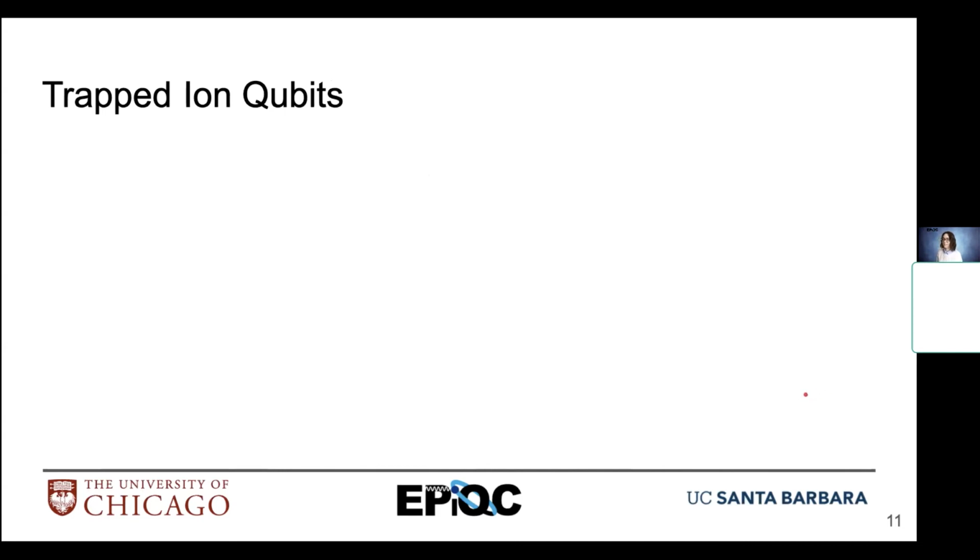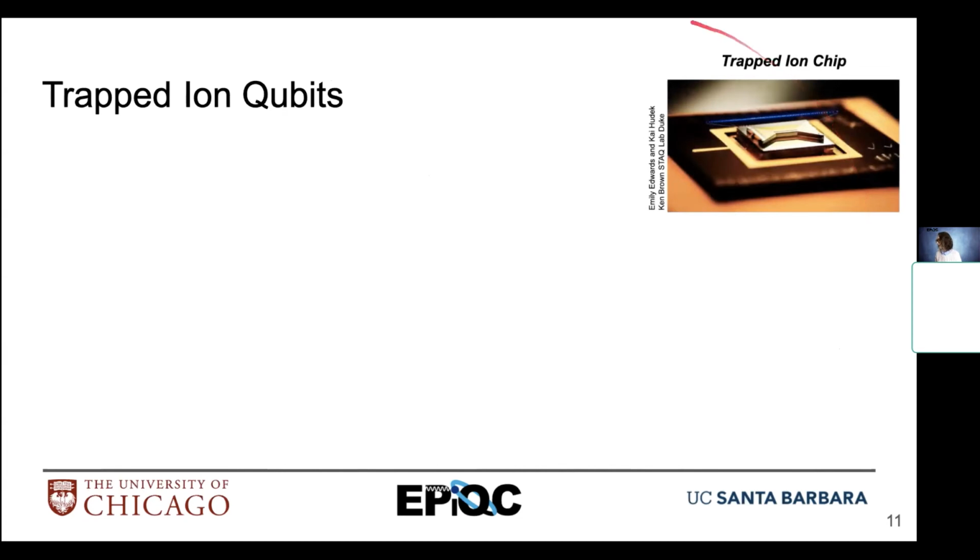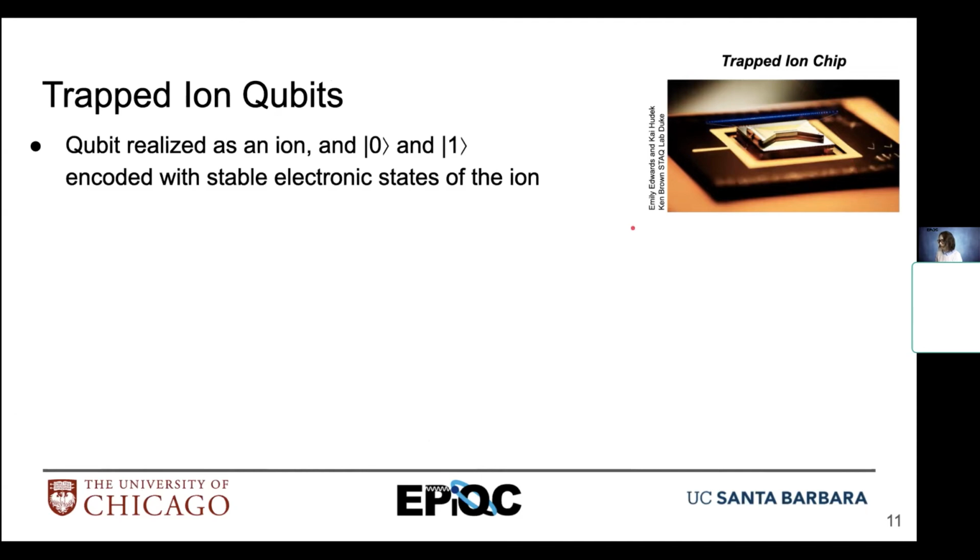All right, now let's talk about some trapped ions. So here we have a picture of the trapped ion chip from the STACK lab. And with a trapped ion device, we realize our qubits as ions. So we have 0 and 1, or Ket0 and Ket1, encoded with stable electronic states of the ion.